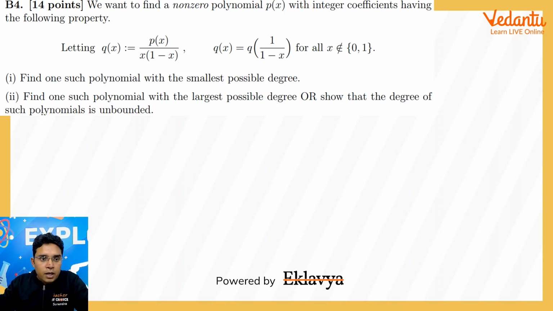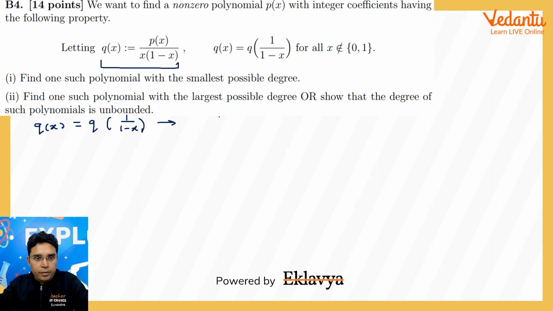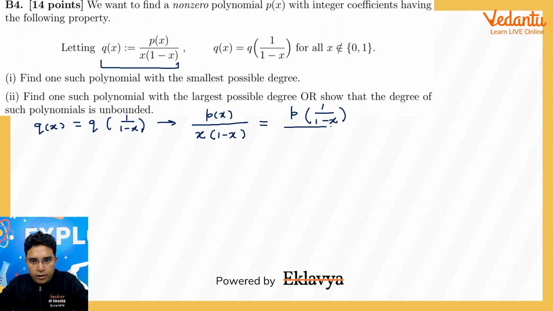Let us see. So we are given that Q(x) is equal to Q of 1 upon 1 minus x. If I use this and use this relation also, we will be getting that P(x) upon x into 1 minus x, and on the right hand side it will be P of 1 upon 1 minus x, whole divided by 1 upon 1 minus x into 1 minus 1 upon 1 minus x.